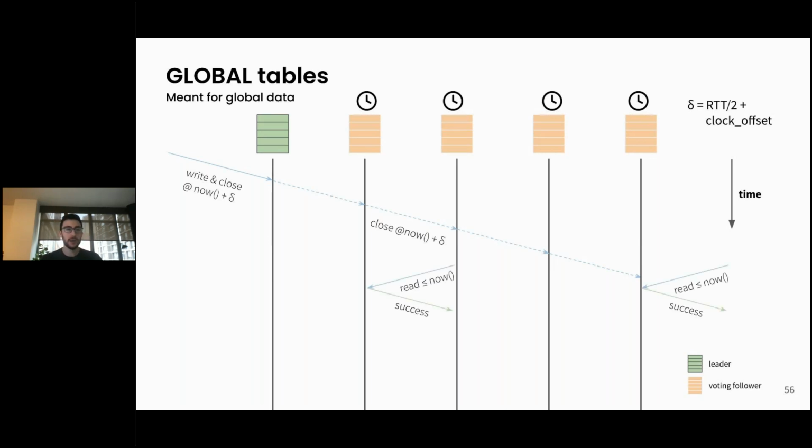Only here, these notifications carry timestamps in the future. So followers can serve reads at the present time with no staleness. And when we say serving reads at the present time, what we mean is consistent reads, strongly consistent reads. So by shifting writes into the future, we actually get non-stale reads from all replicas.